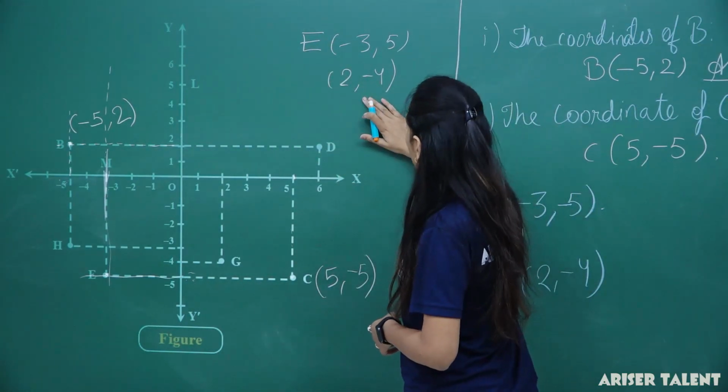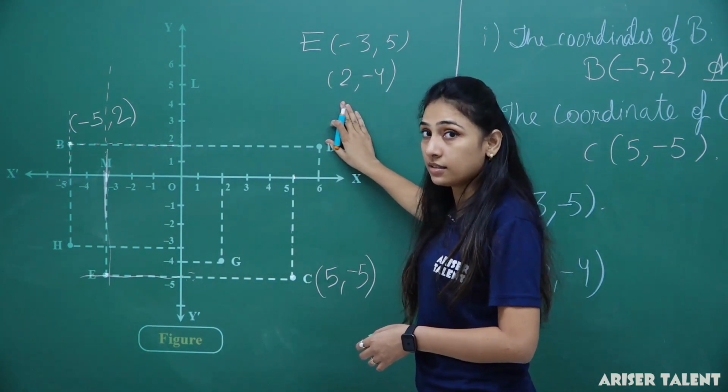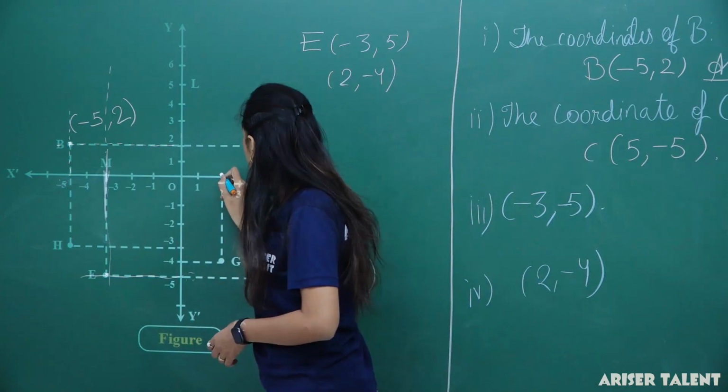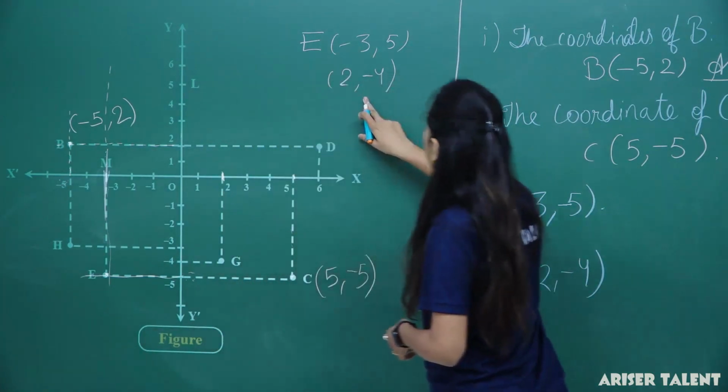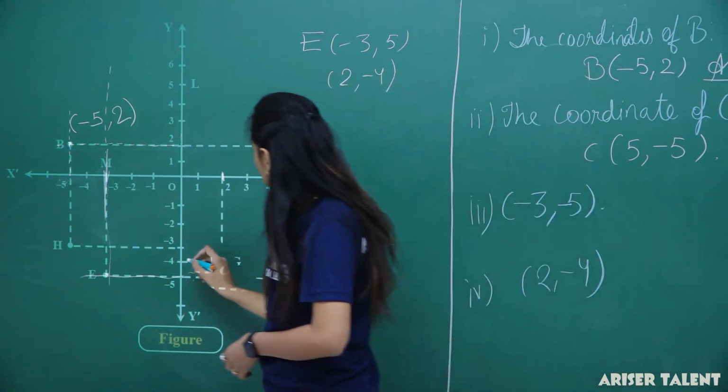Now we are talking about 2 and minus 4. So 2 on the x-axis, the abscissa, is here. Now minus 4 on the y-axis, the ordinate, is here.